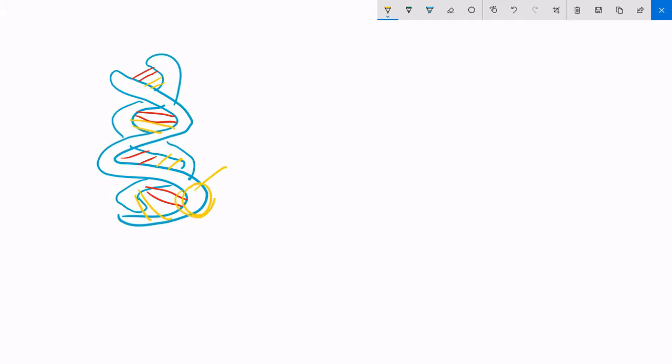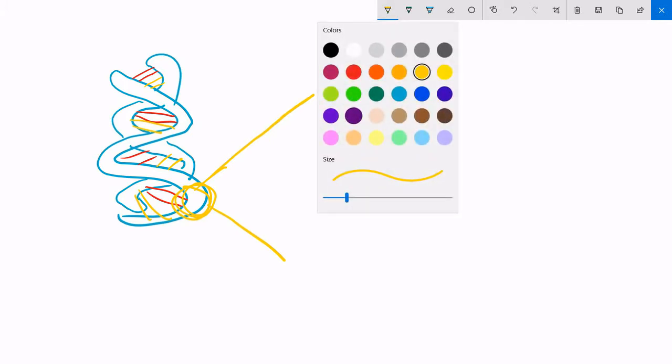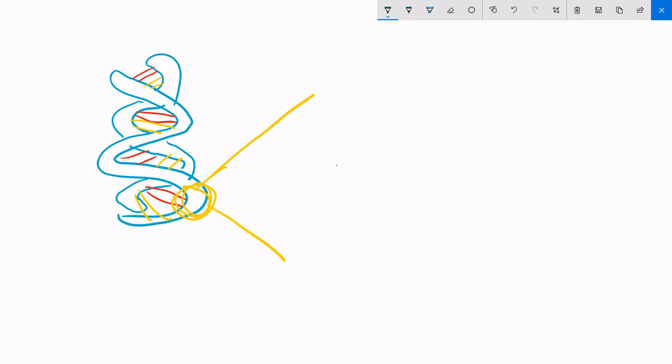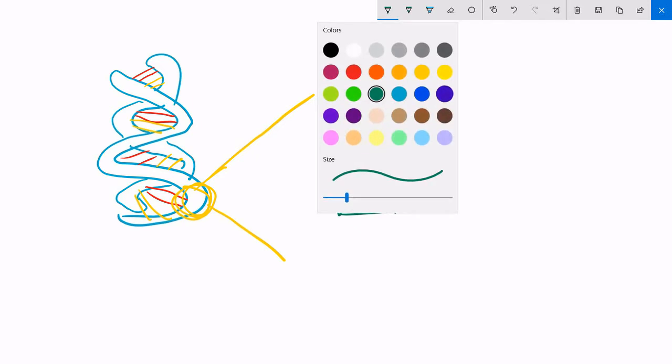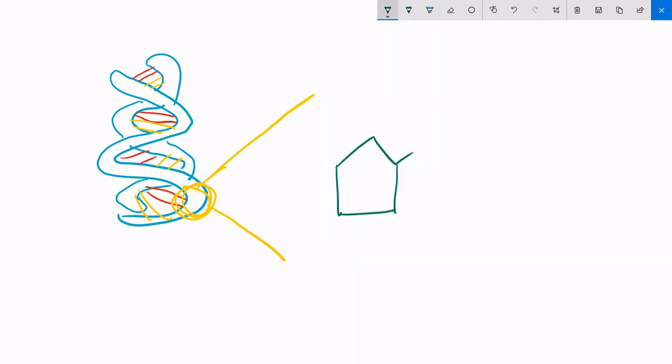let's take about like this area right here. If we zoom in on that, you will see the nucleotide structure that I just drew for you, right? So let's draw that again. We've got our pentagon sugar, our phosphate group, and I'm going to draw it on this side this time because the backbone, this blue structure that I draw, is always made out of this phosphate group.